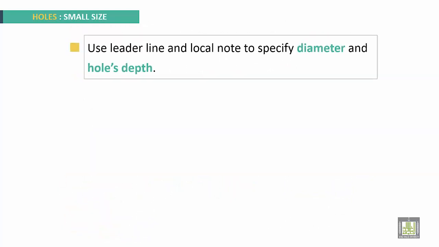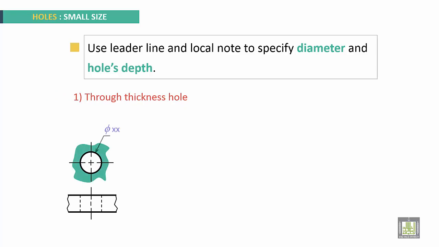Holes with small size. Use leader line and local note to specify diameter and hole depth. For example, through thickness hole. Here it is given with phi xx, for example, phi 10 millimeters.